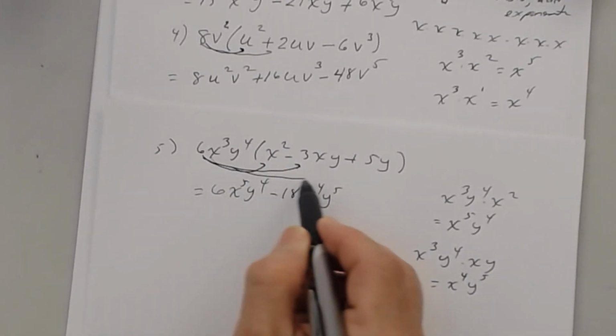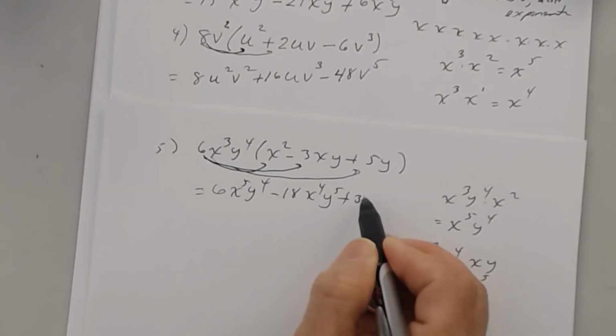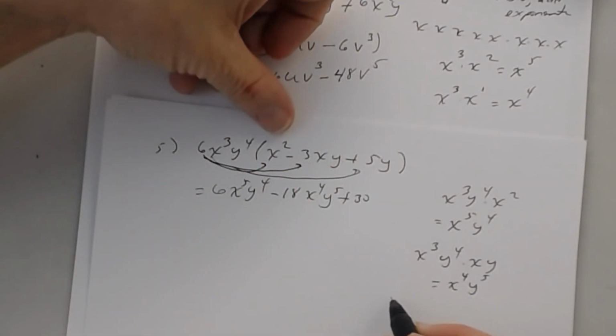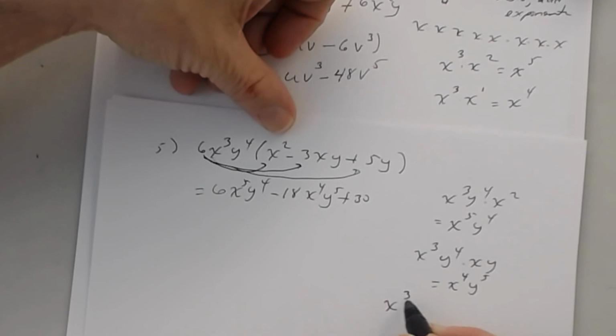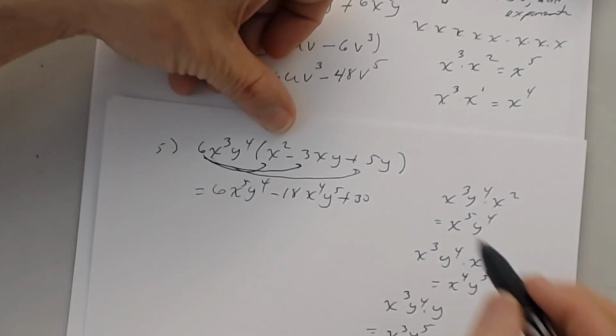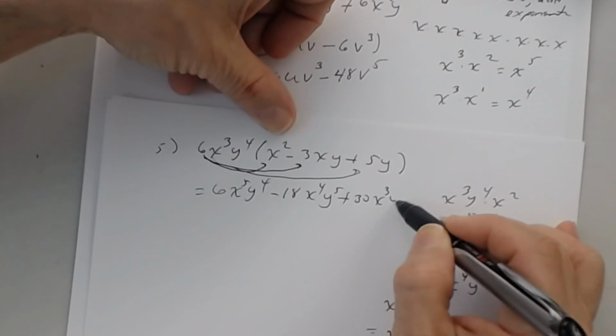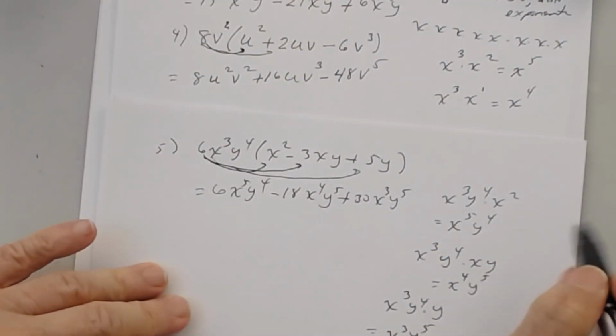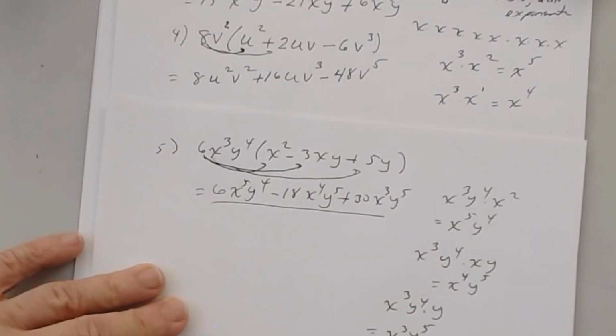And then 6 times 5 is 30. So I have x cubed y to the 4th times y. So this time what's that equal to? X to the 3rd, y to the 5th. So plus 30x cubed y to the 5th. All right, so that's your answer there.